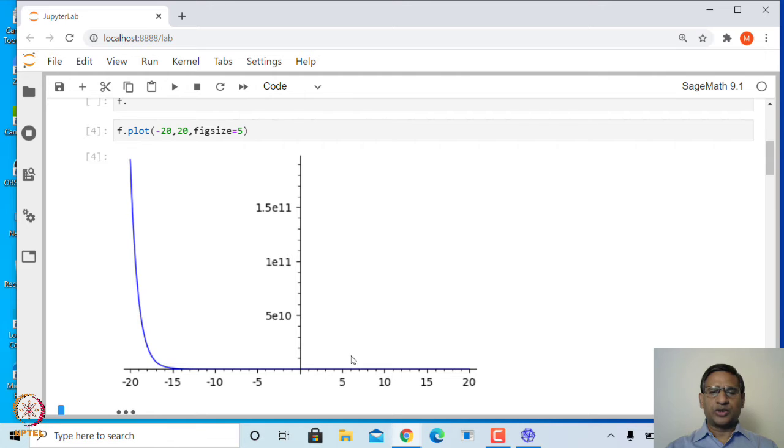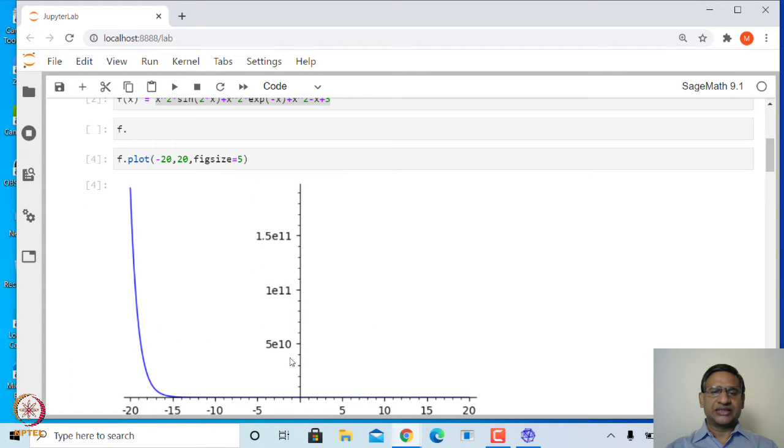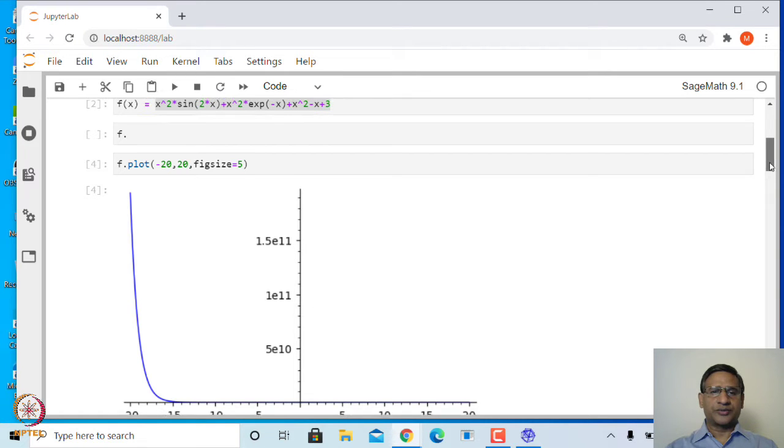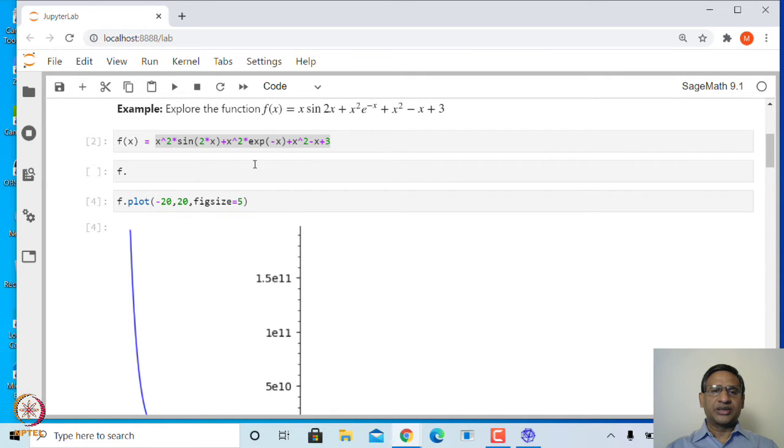When you plot the graph, on the left hand side, because of the presence of e to the power minus x, when x is negative, e to the power minus x will go to infinity, and therefore on this side, around this point, the maximum value is, I think, 1.5 into 10 to the power 11. Whereas on the right hand side, though the function is increasing, the increment is not that high.